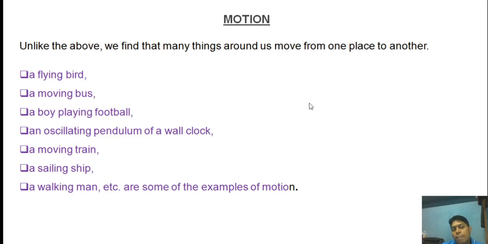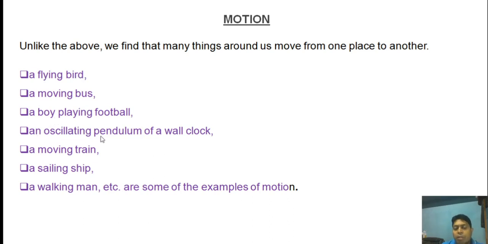Motion. Unlike the above, we find that so many things around us move from one place to another. Can you give an example? Yes, these are the examples. A flying bird moves from one place to another. A moving bus also moves from one place to another. A boy playing football.